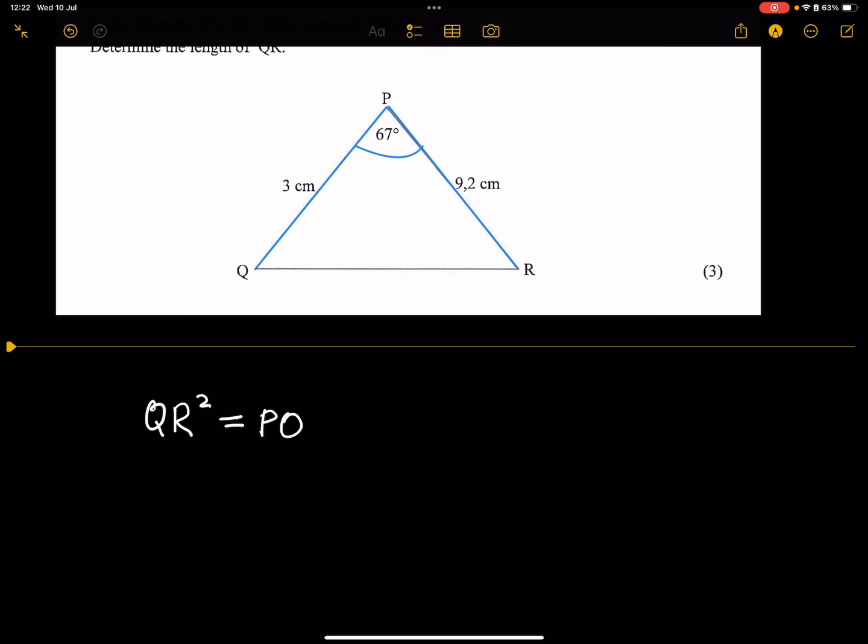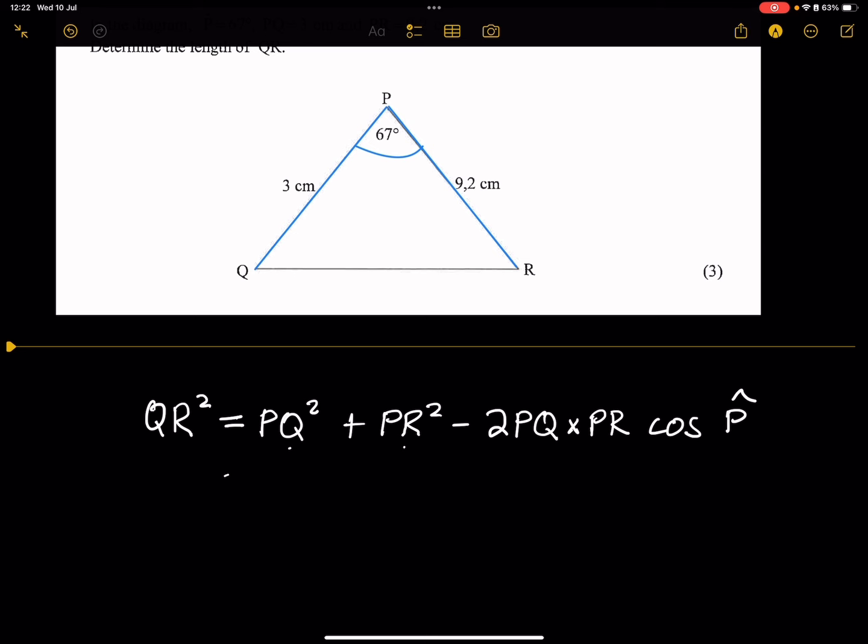This will be PQ squared plus PR squared minus the very two sides, that's 2 times PQ times PR, the same sides as we had, times the cosine of the included angle. Our included angle here is angle P, or you can say angle QPR.